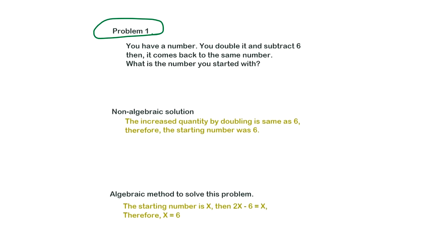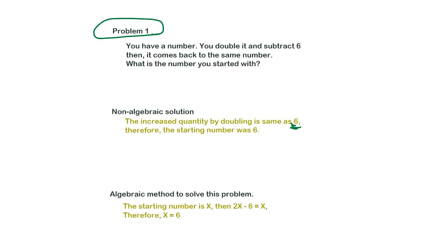Well, here's how you solve it without algebra, the non-algebraic solution. Okay, the quantity increased by doubling is the same as 6. Do you get that? You double it and subtract 6, and it comes back the same. So the number you increase must be 6.